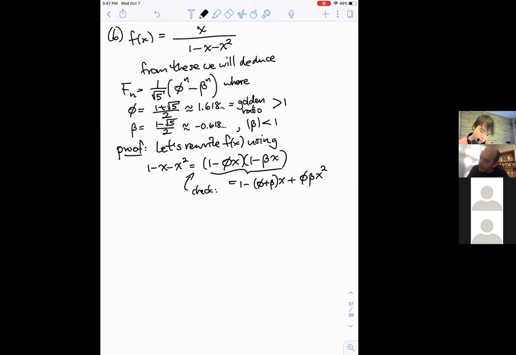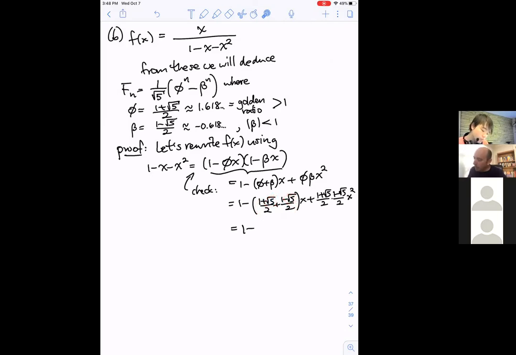Again, I got this quadratic. And remember what phi and beta are. They are 1 plus square root of 5 over 2, and 1 minus square root of 5 over 2. And 1 plus square root of 5 over 2 times 1 minus square root of 5 over 2. And so the claim is this thing in here, this square root of 5 here has a plus, here it has a minus.